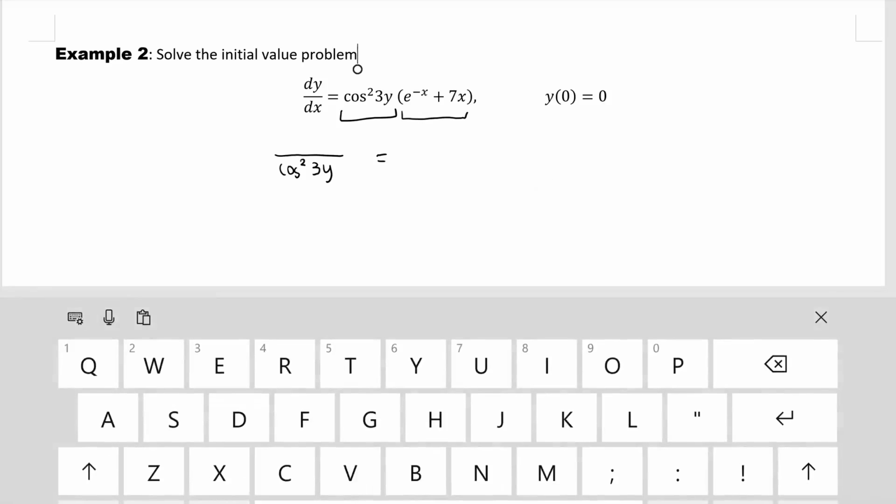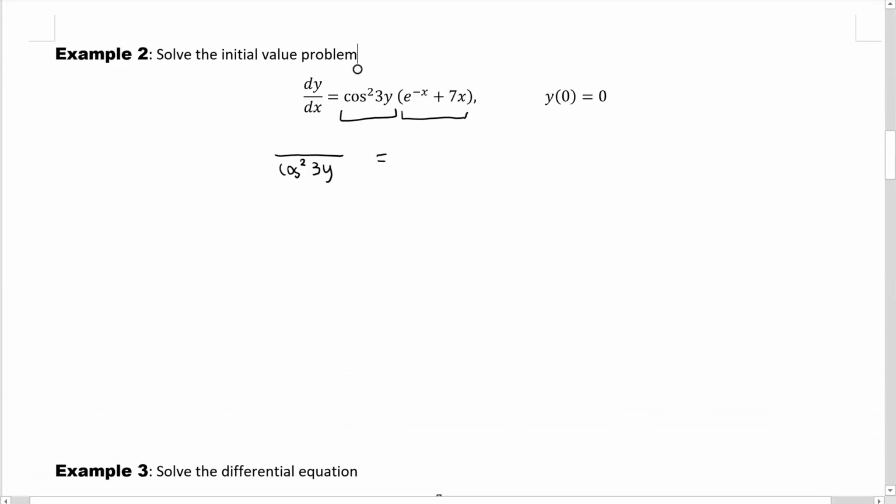And then on the right hand side, what do we get? We still have e to the minus x plus 7x. And then on the left we have dy. So you can imagine we multiply both sides by dx. So then dx is on the right hand side. See?